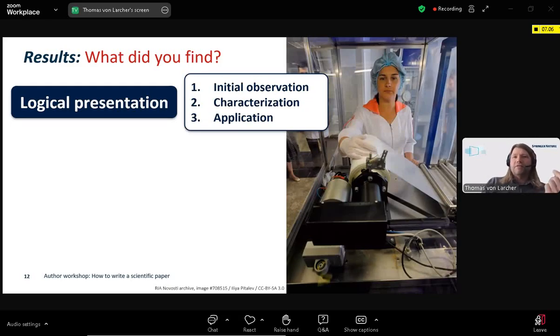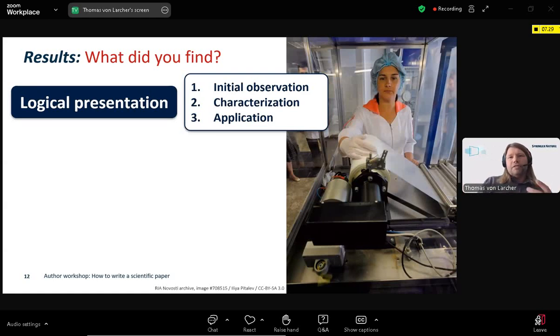So what does that mean? It may not be chronologically how your results were identified during your study, but the logical way to present them to the readers, especially to readers who are not yet familiar with what the research study is all about.